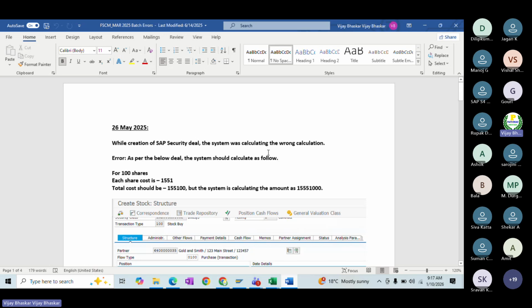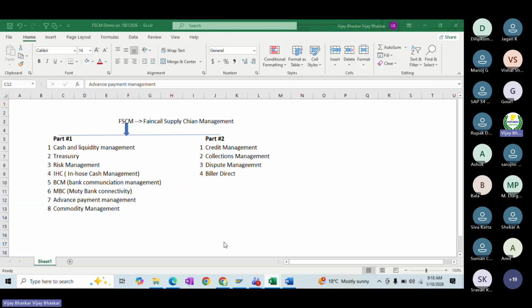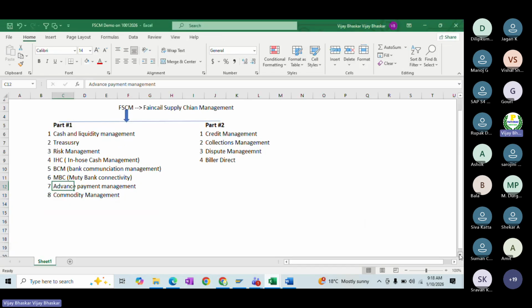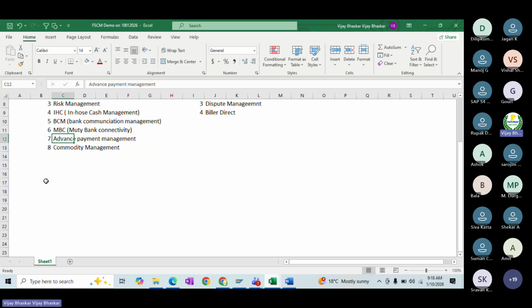Coming back to that, the version we are going to use for the S4 HANA training sessions: for the ongoing batch I'm using S4 HANA 2022, but from your batch onwards I have planned for 2023.